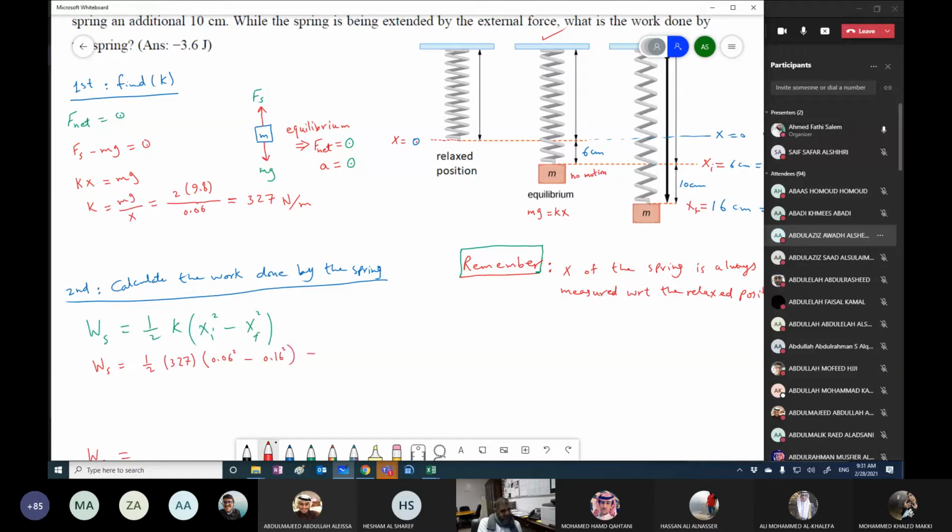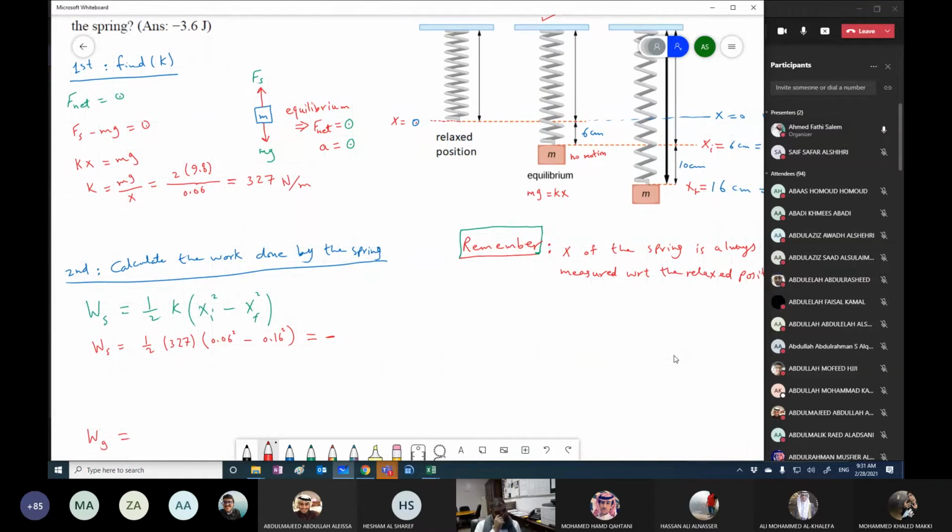And this will give us negative amount of work. How much is this يا محاسب؟ احسبها بسرعة. Minus 3.59. So it is minus 3.6 joules.